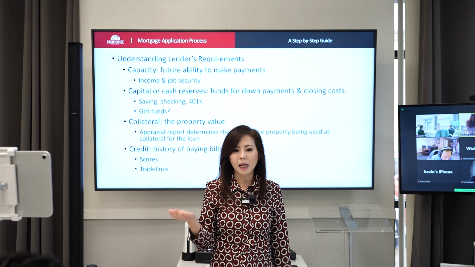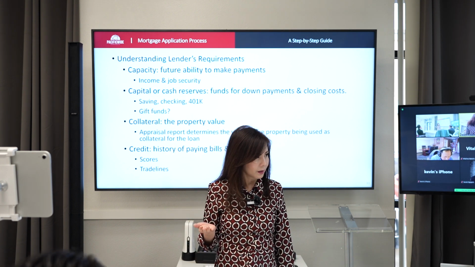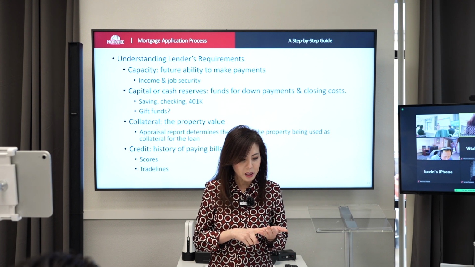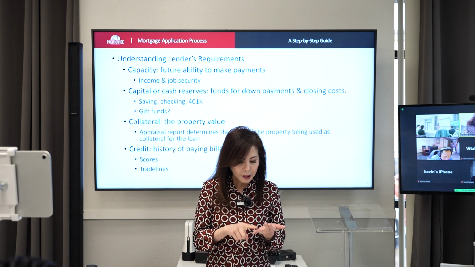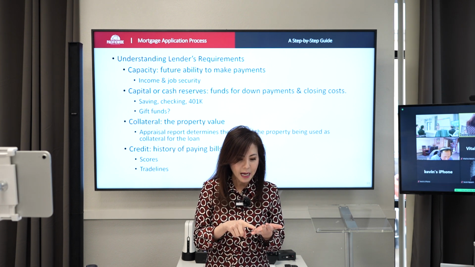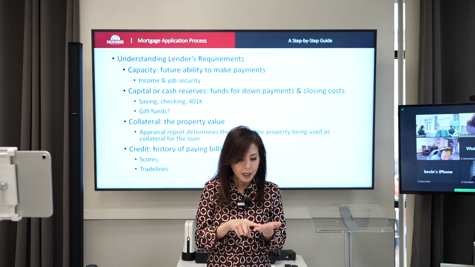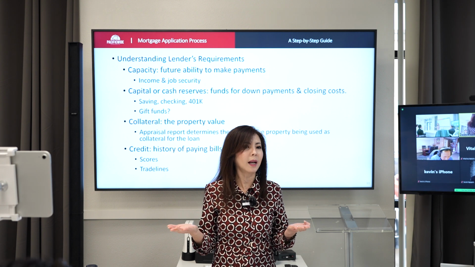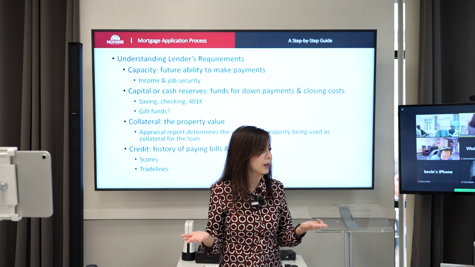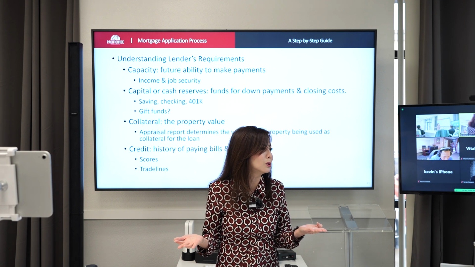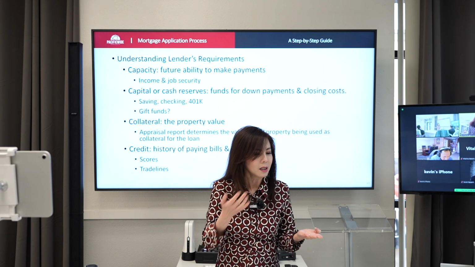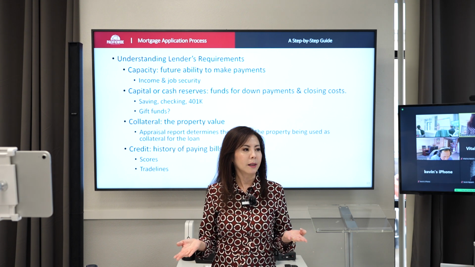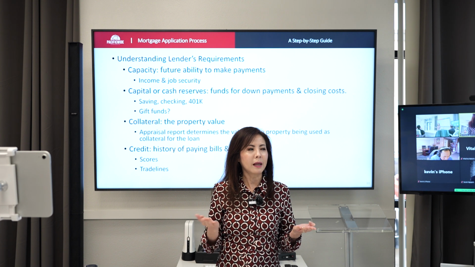So if you make $10,000 and your monthly mortgage payment plus your monthly property tax, home insurance and HOA come up to 8,000, no way they lend to you, right? Because then you run out of money, with only 2,000 left, you won't be able to do anything. Normally it's less than 50%.